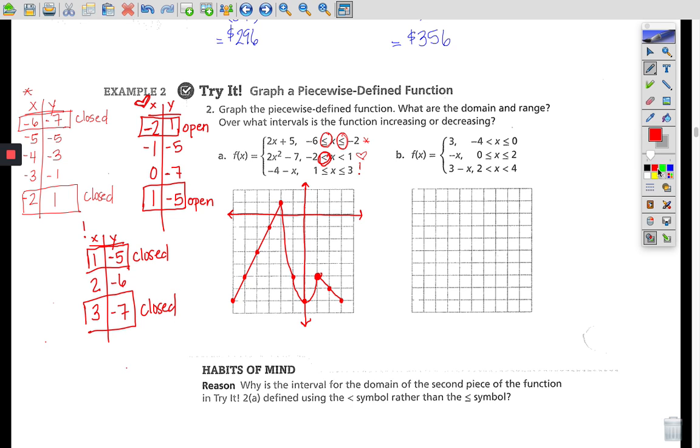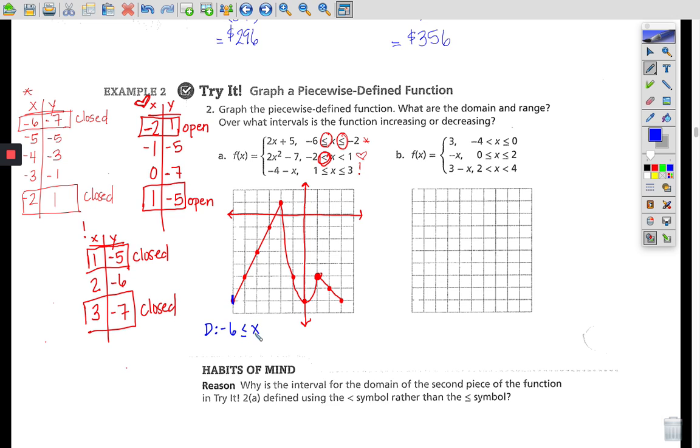Alright, let's focus here now on the domain and the range. Domain, remember, is your x values. It looks like my smallest x value happens right here at this point, which is negative 6. It is a closed circle there, so I'm going to say negative 6 is less than or equal to. We're talking about domain, so which variable do I put in the middle?